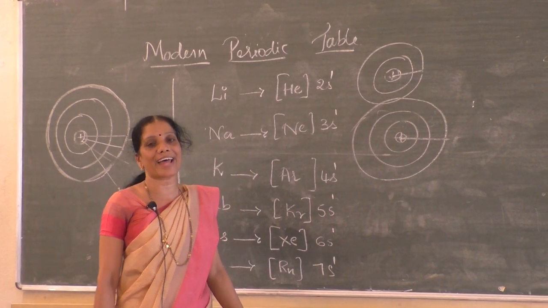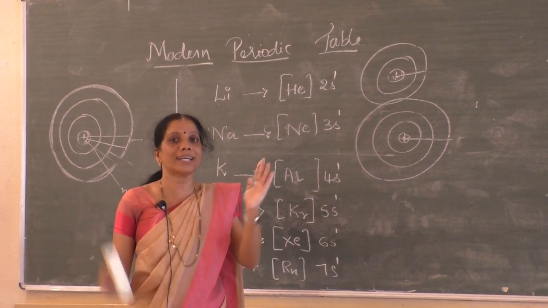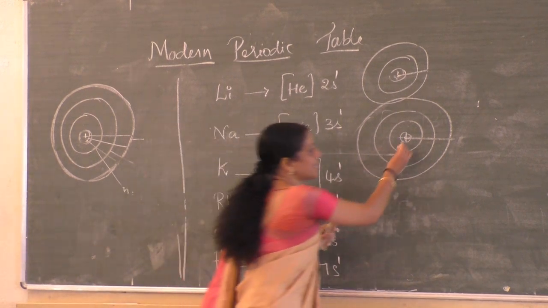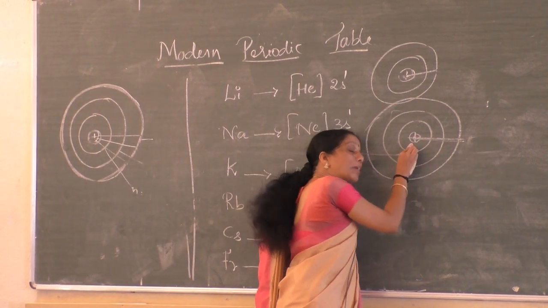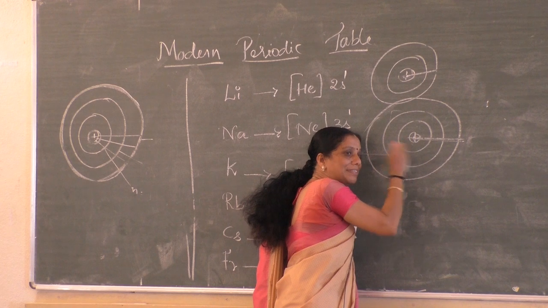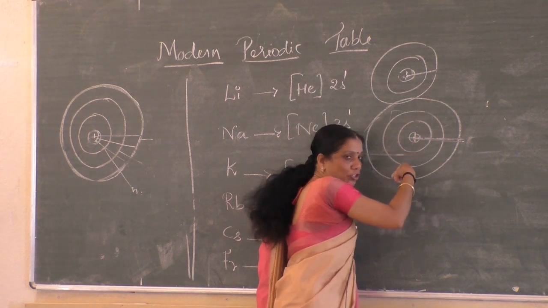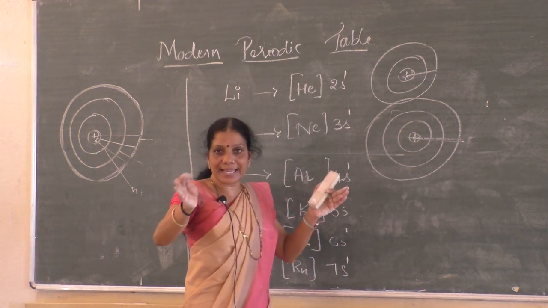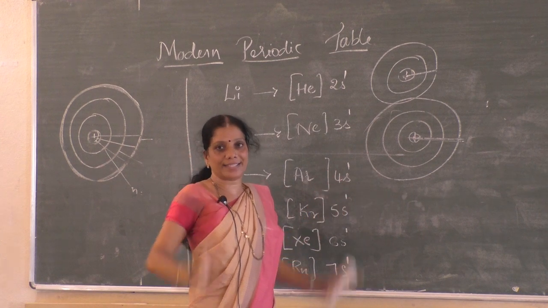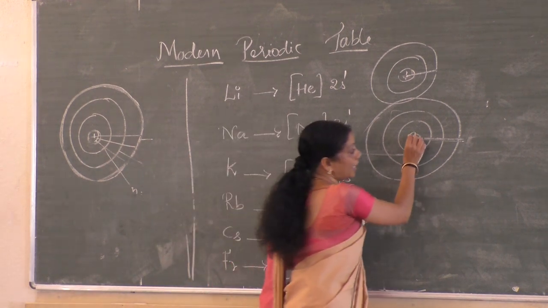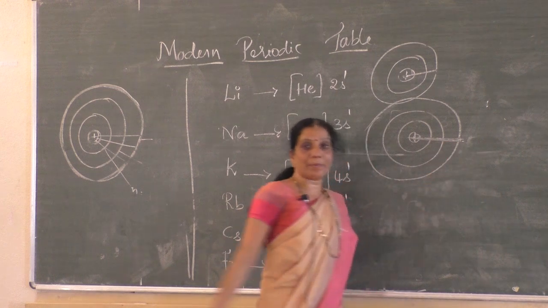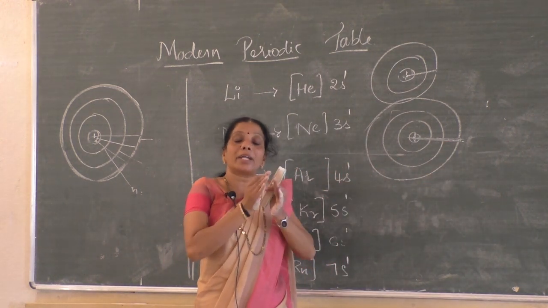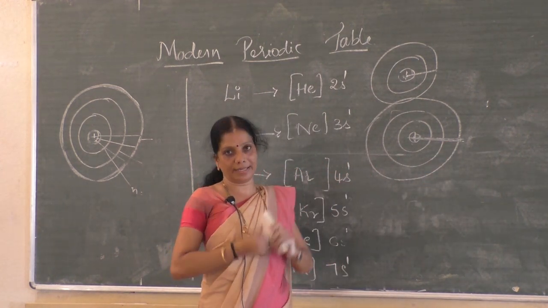The nuclear force of attraction always decreases. When the distance increases, the nucleus cannot hold the outer electron tightly. Therefore, the radius also increases. Atomic size also increases.